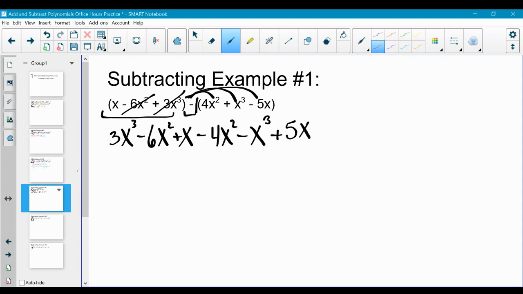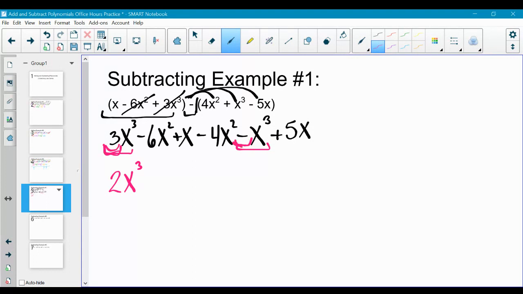So now with our new problem, I'm going to look at combining like terms again. So x cubed and x cubed, that's my first step. 3 minus 1 is going to give me a 2x cubed, because remember, we're focusing on those coefficients.